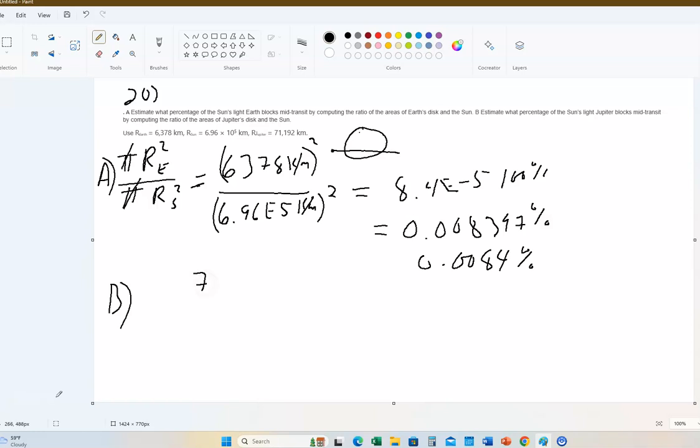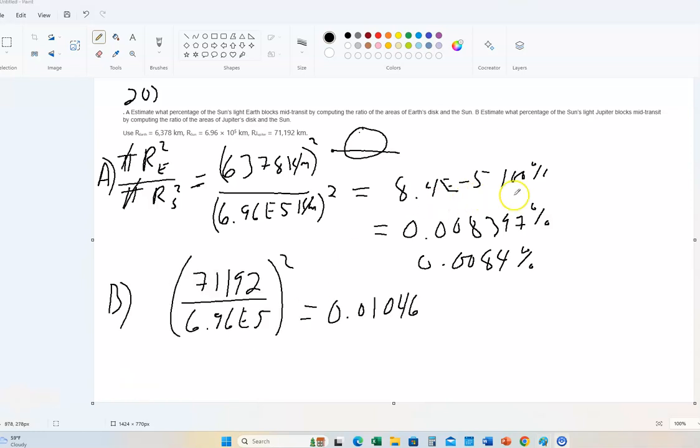So this is part B: estimate the percentage of the sunlight that Jupiter blocks mid-transit. When Jupiter is going across the sun from some distant vantage point, how much of its light is blocked? You do the same thing.